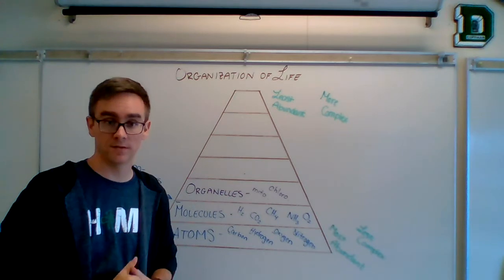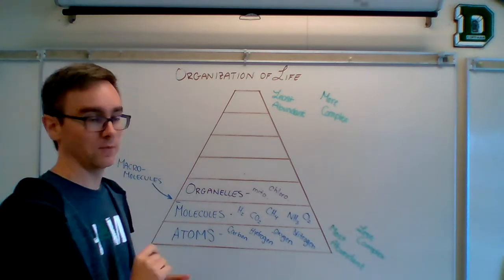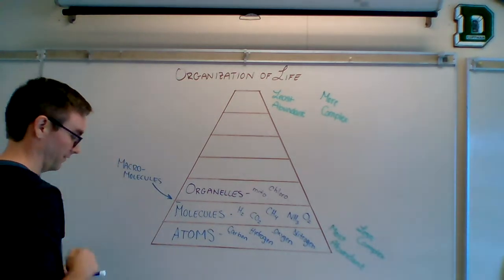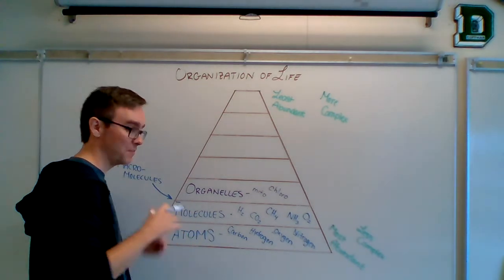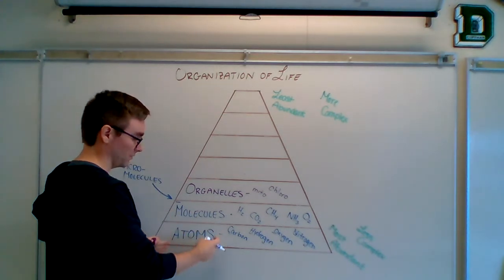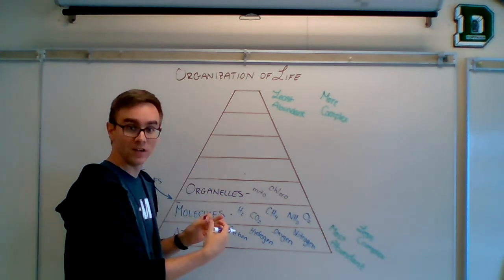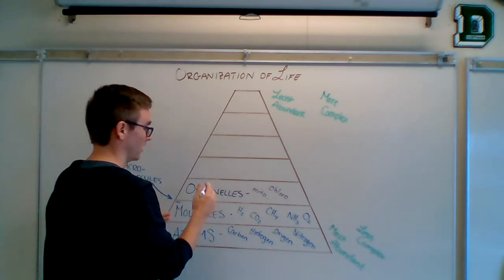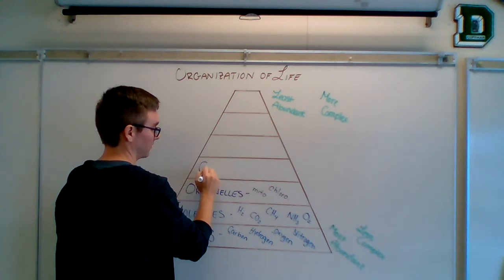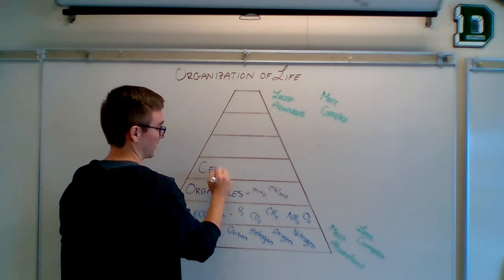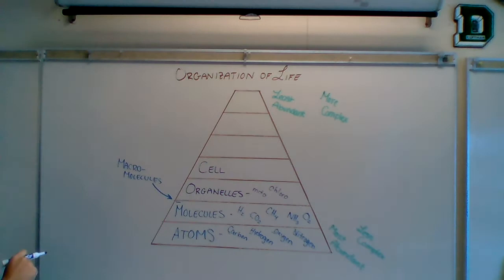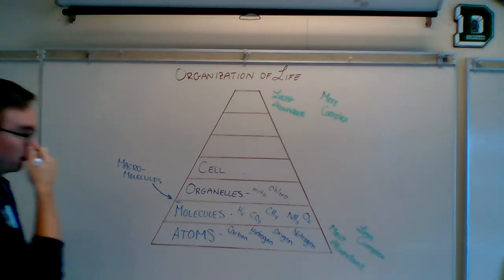An organelle is not alive, but it is a fundamental thing we need to have life. If I can have atoms building molecules, building macromolecules, building organelles, and those organelles working together, they create the fundamental basic unit of life, the cell.